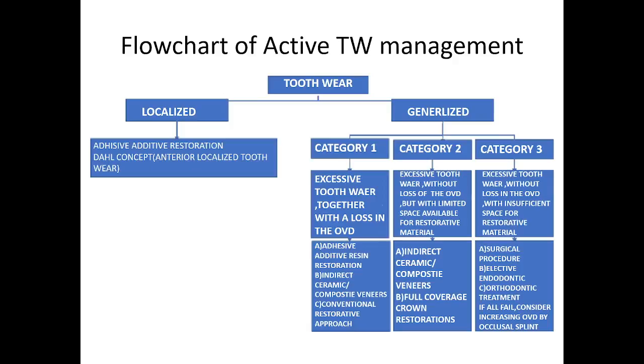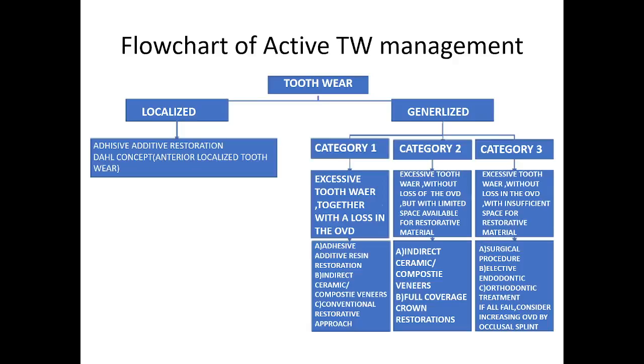Category two, excessive tooth wear without loss of the OVD, but with limited space available for restorative material. We will gain this space when we check the difference between the centric occlusion and the centric relation. So we can resort to indirect ceramic or composite veneers, full coverage crown restoration.